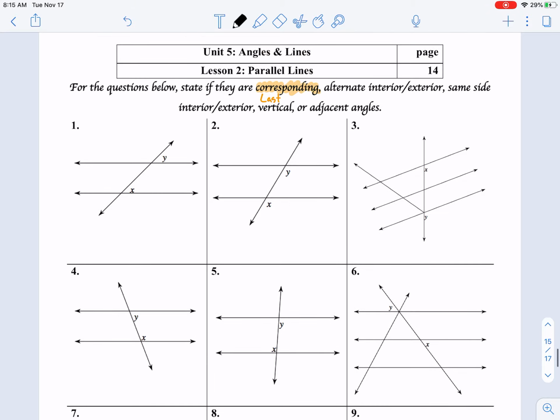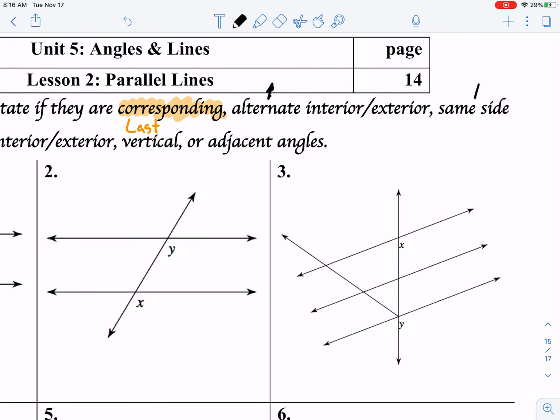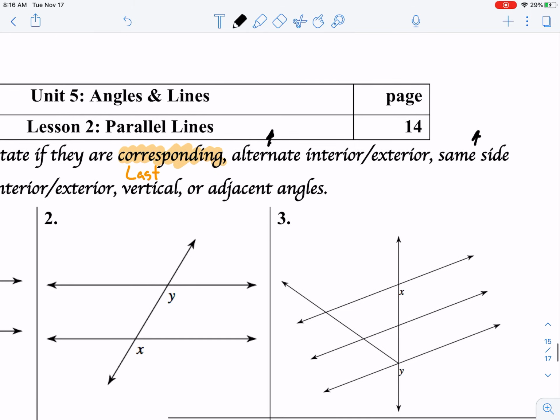When it comes to naming them, the first adjective, so like alternate or same side, talks about the relation of the angles to the transversal. So alternate just means opposite side of transversal. Same side is exactly what it says.